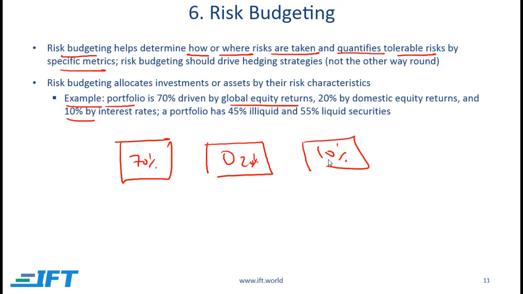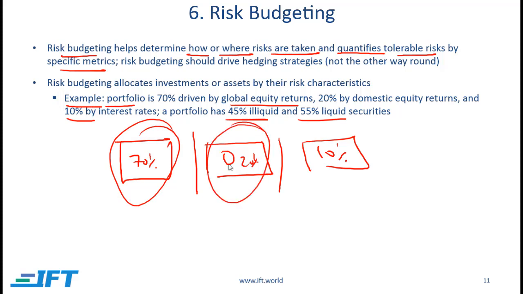We can also say that in our portfolio, 45% of the securities are illiquid and 55% of the securities are liquid. So what we've done here is we've allocated our investments or assets along different risk characteristics. So here the main risk driver is global equity returns. Here the driver is domestic equity returns, and so on.